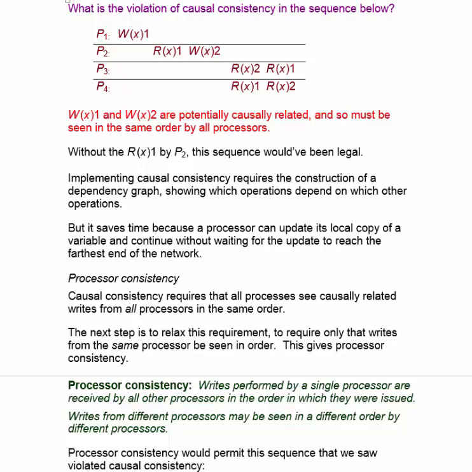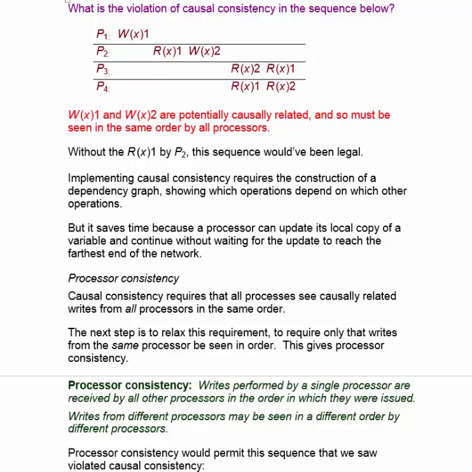It's not trivial to implement causal consistency. It requires the construction of a dependency graph, and I won't go through how that's done, but it is quite feasible to do it. It's just not straightforward. That shows which operations depend on other operations, but nonetheless, causal consistency saves time because a processor can write a local copy of the variable and continue without waiting for that write to reach the farthest end of the network.